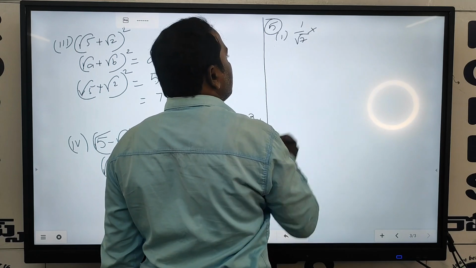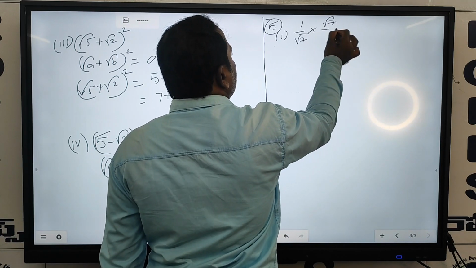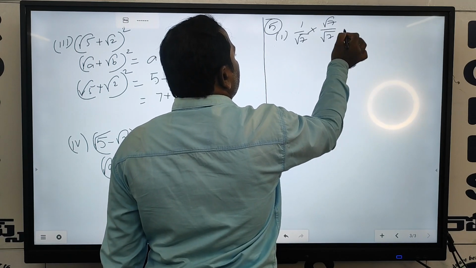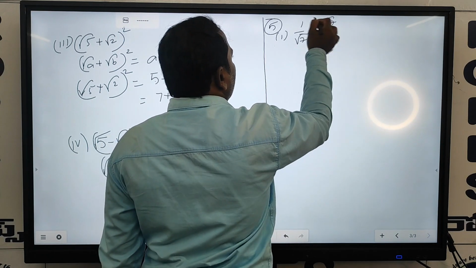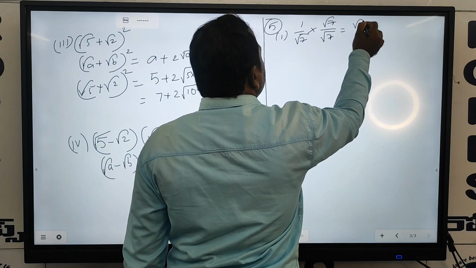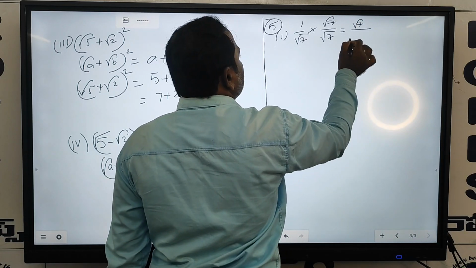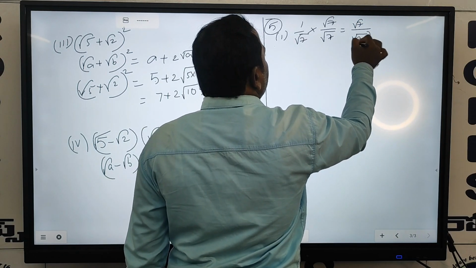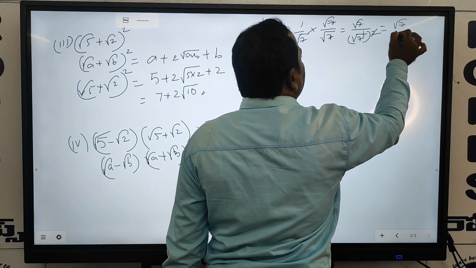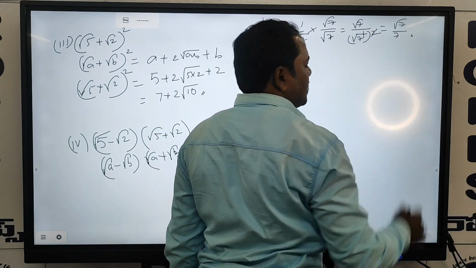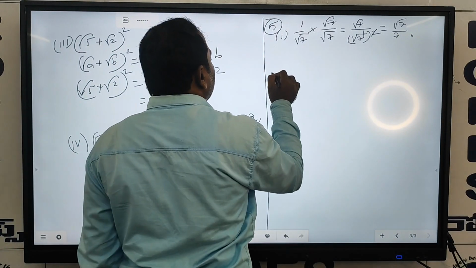Rationalize the denominator means we have to multiply again with the same denominator. So here, rationalize it: √7 × 1 is √7, by √7 × √7, the whole square. The square root cancels, then √7 by 7. This is the rationalization.